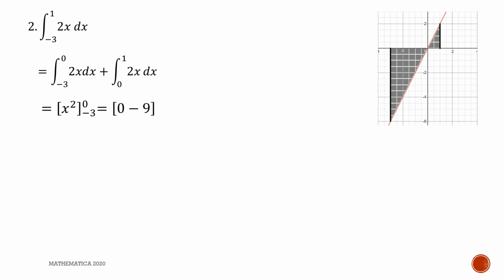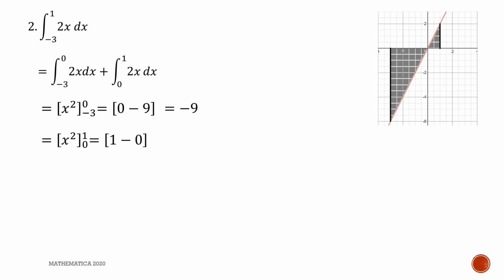We simply find the antiderivative. So if we take the antiderivative of the first one, I get x squared over 2 times 2, which is simply x squared. I evaluate from -3 to 0, and I end up with 0 minus 9, which is simply -9. I evaluate the second part, same thing with the same antiderivative, because it's still x squared, from 0 to 1.